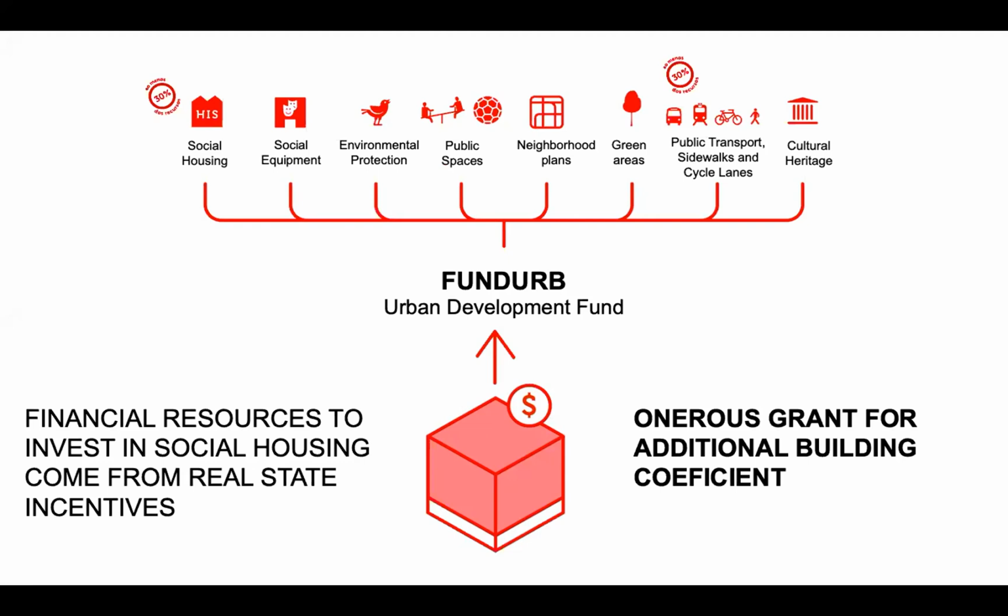For 1 time the area, it doesn't pay anything, but when it builds more, it has to pay the onerous grant for additional building coefficient. This onerous grant is a way to finance other public policies and take advantage of the appreciation that the real estate had by being located near this public transport access.